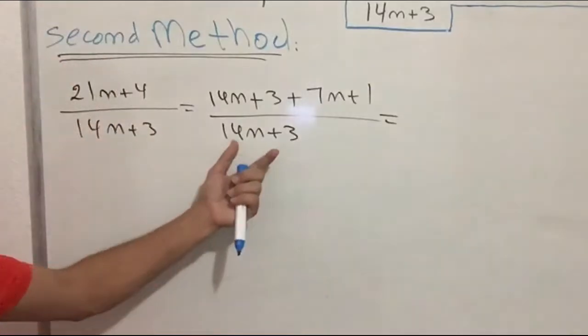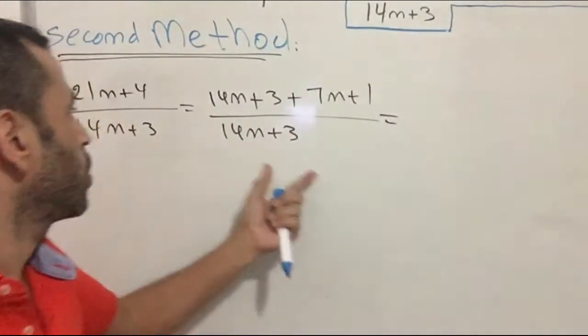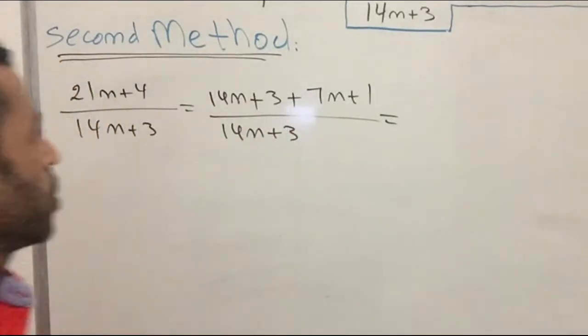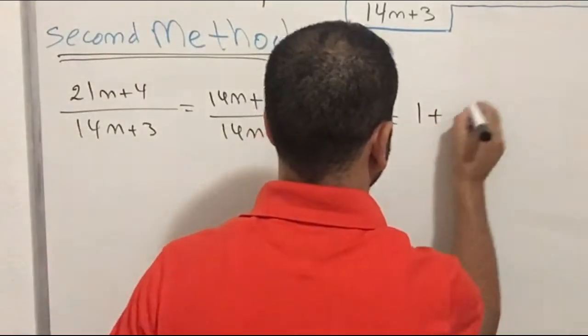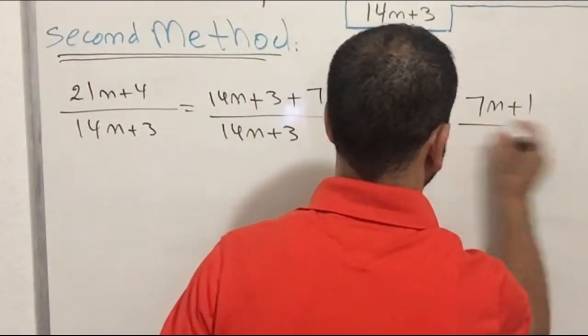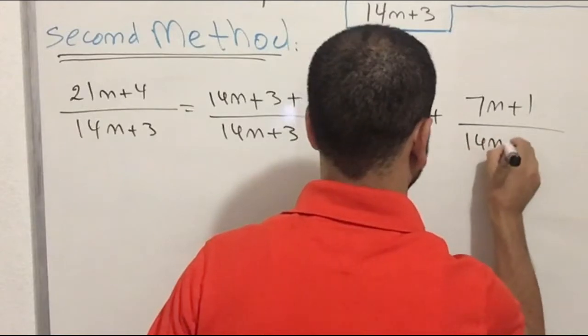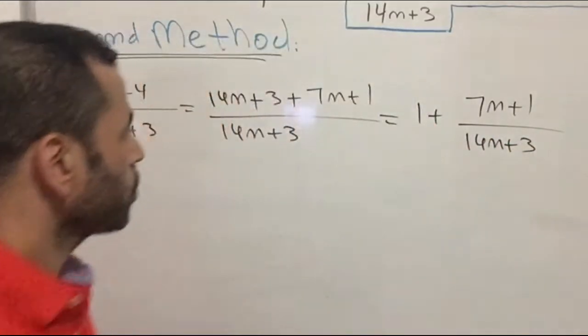I'm going to divide numerator and denominator by 14n plus 3. I will have 1 plus 7n plus 1 over 14n plus 3.